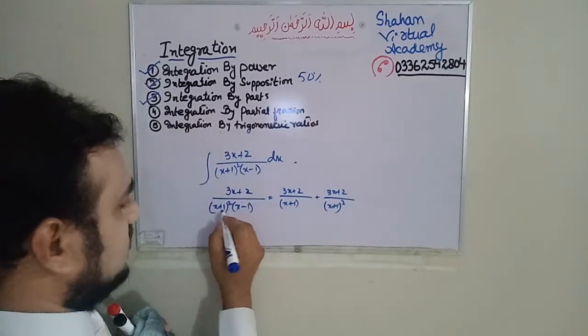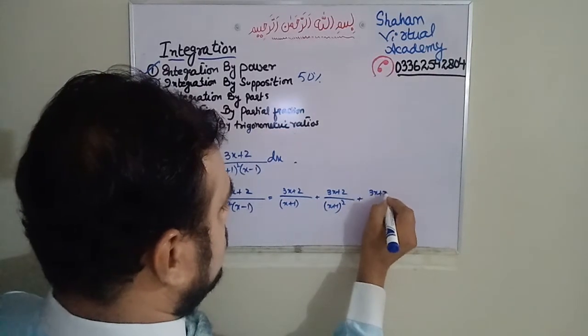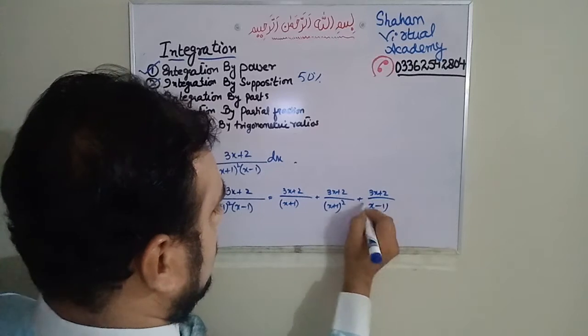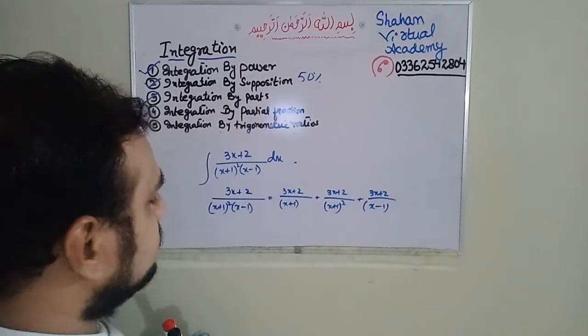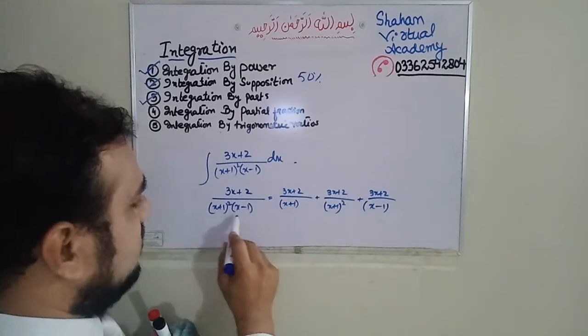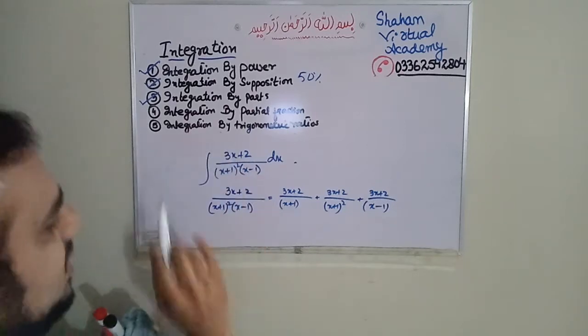First it comes x plus 1, then it comes x plus 1, plus 3x plus 2 divided by x minus 1. Okay, so we have divided it into these three fractions, so that's why it is called partial fractions.